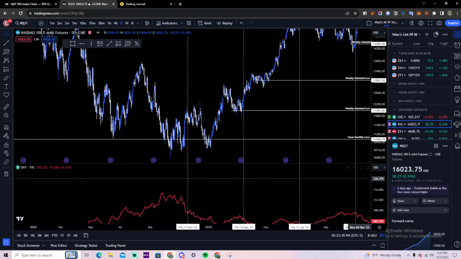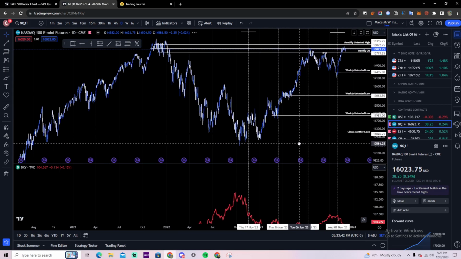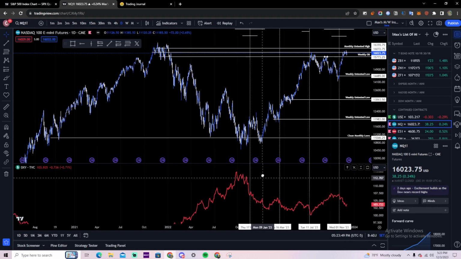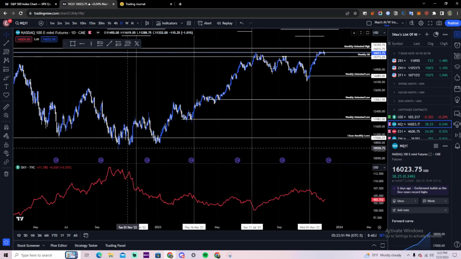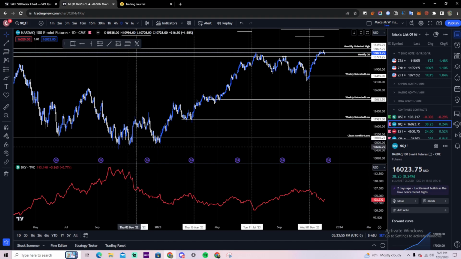Let's see here. Really, I need to make sure I can also see that range. So about 25 days here. It's a failure swing. It's showing strength to the buy side.